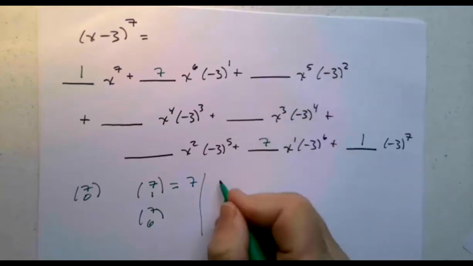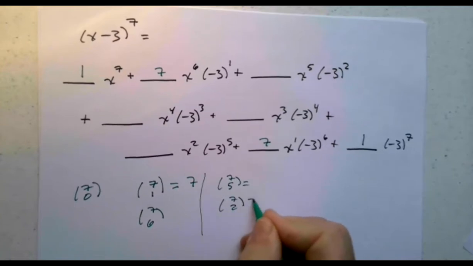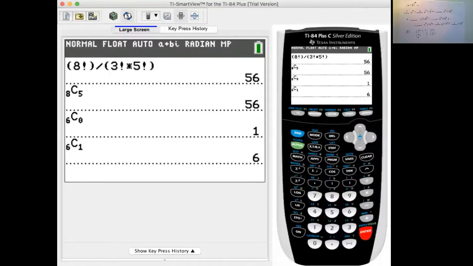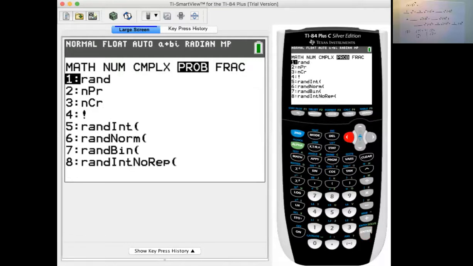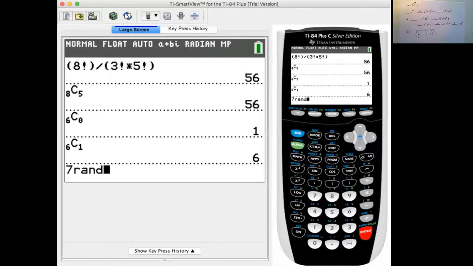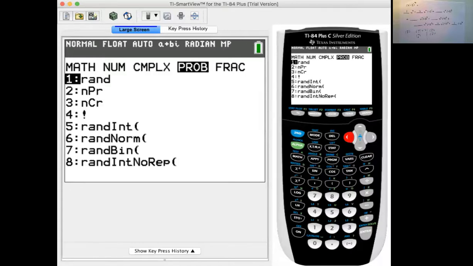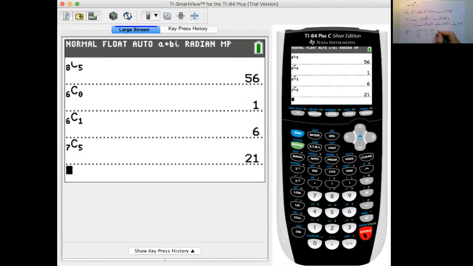5 and 2 are my exponents. What is 7 choose 5 or 7 choose 2? They should be the same. Let's jump to the graphing calculator and see what that is. 7, math, probability, number 3. 7 choose 5 or 7 choose 2 gives me 21.